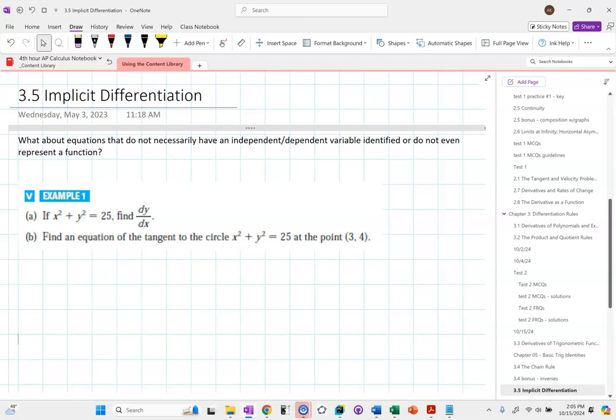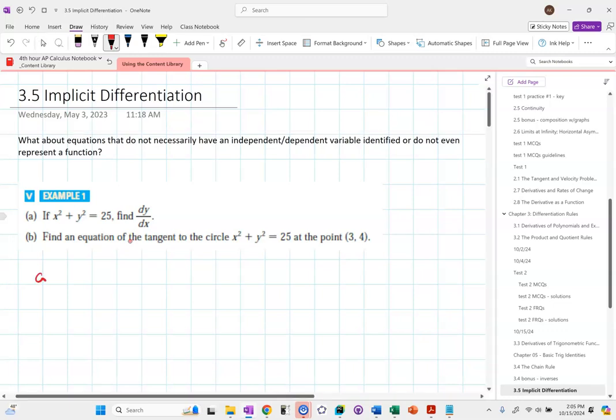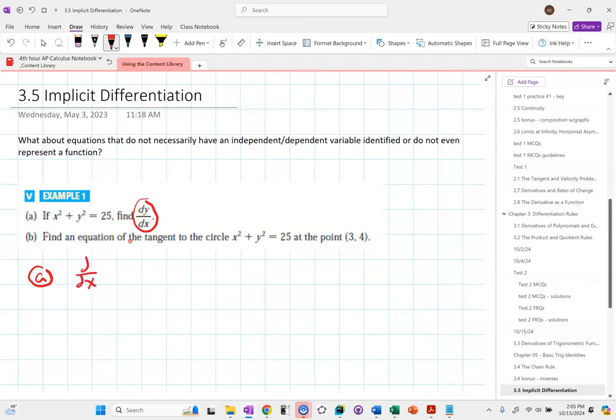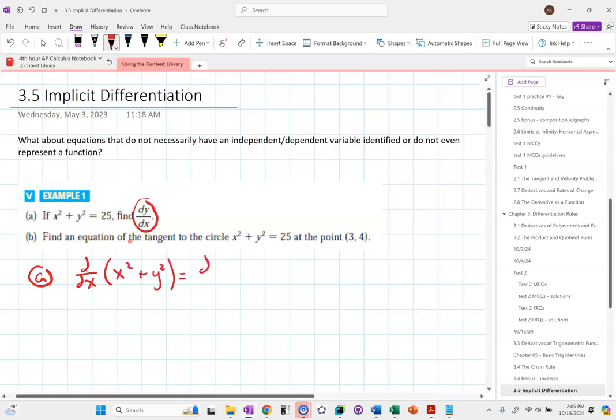So if we look at part A, it asks us to find dy dx. So I'm going to take the derivative with respect to x of both sides. Everybody's okay here? So what is the derivative with respect to x of x squared? 2x.